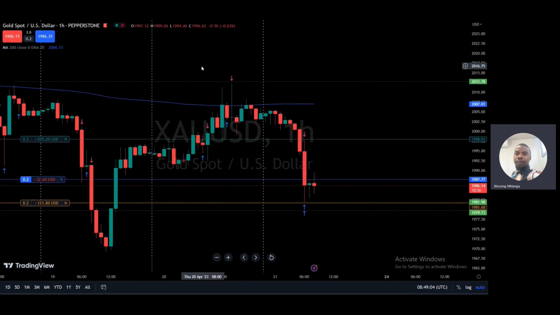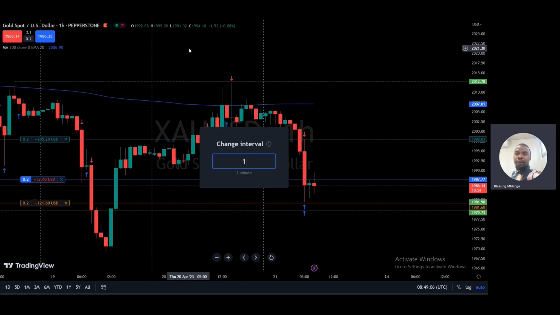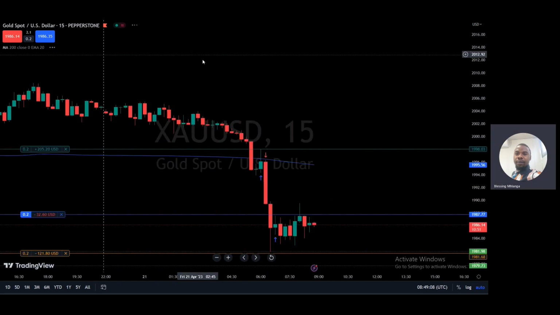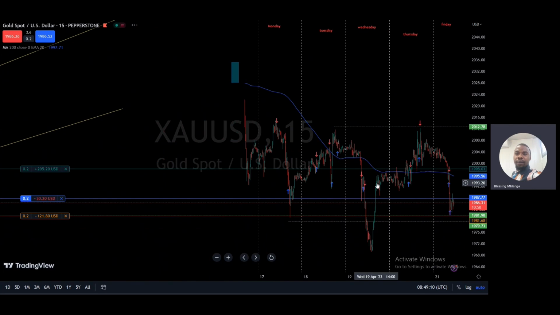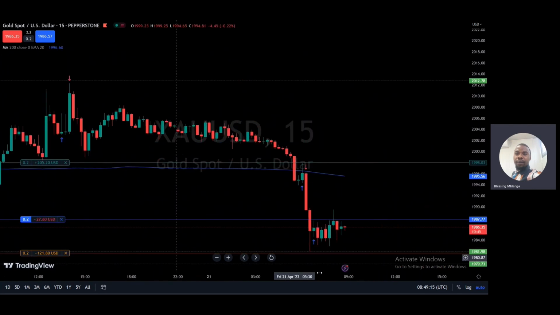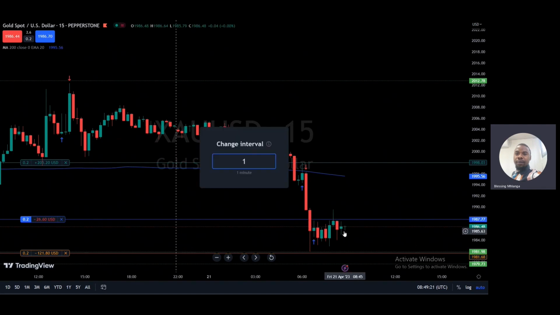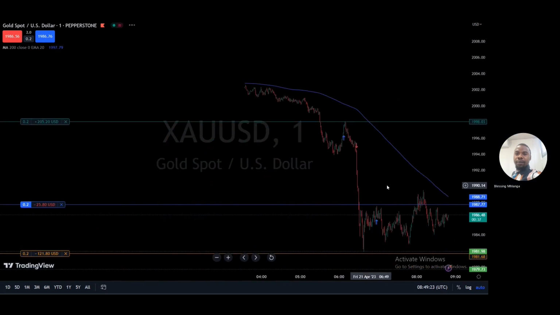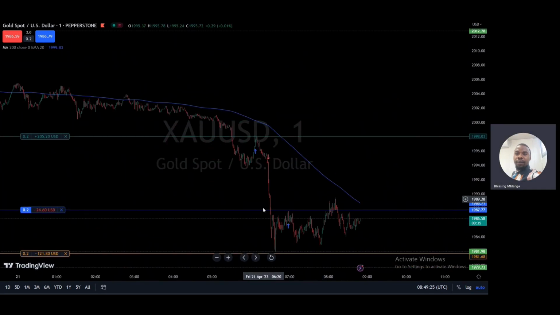Now, I've already entered a trade to the upside when I saw the market come down to these levels, right? And as we had this nice correction here, you can see it on the 1 minute. So the market was coming down and it had a push to the upside and a nice corrective structure.